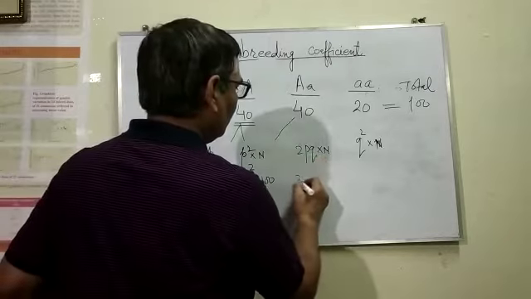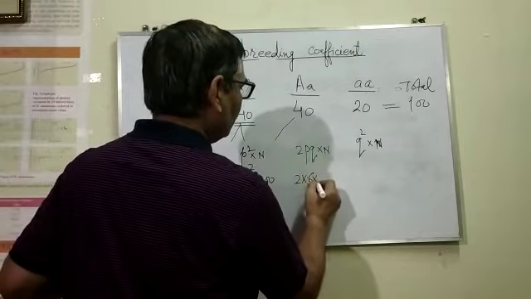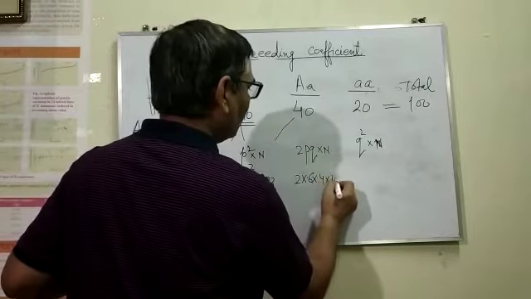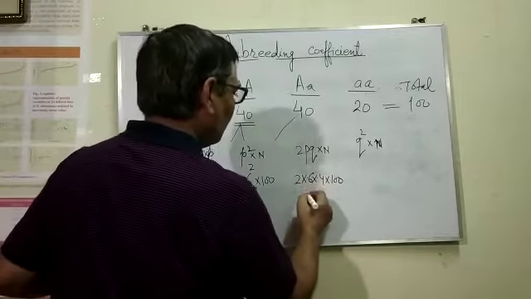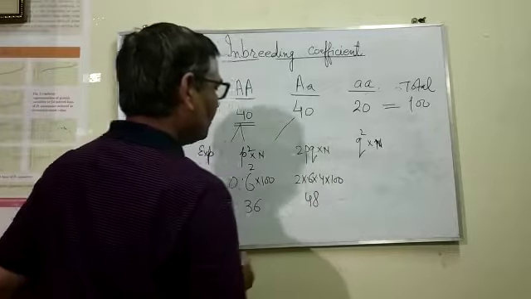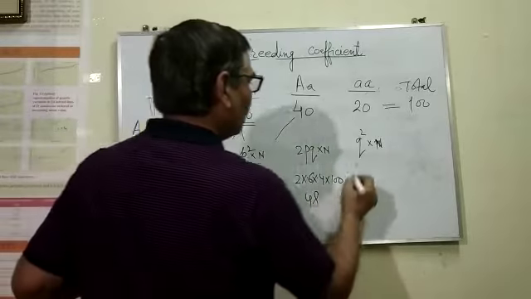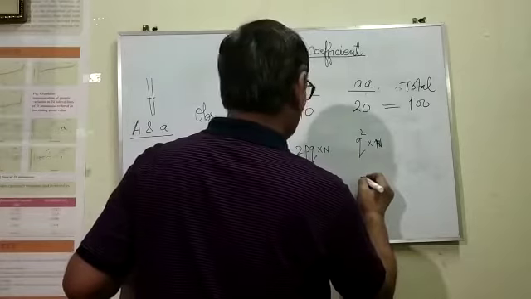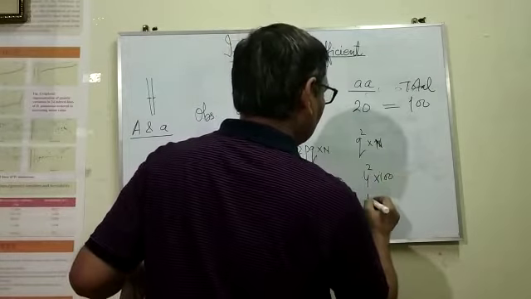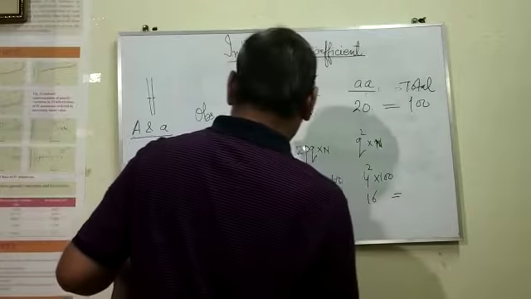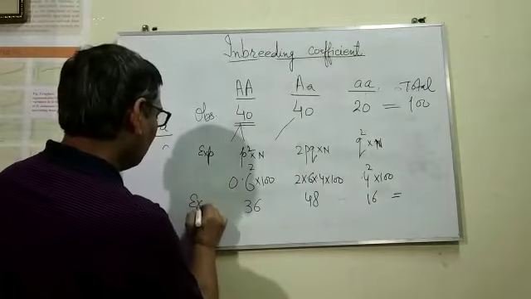And 2 into 0.6 into 0.4 into 100 will come to 48. And 0.4 squared into 100 will be 16. And these are the expected values.